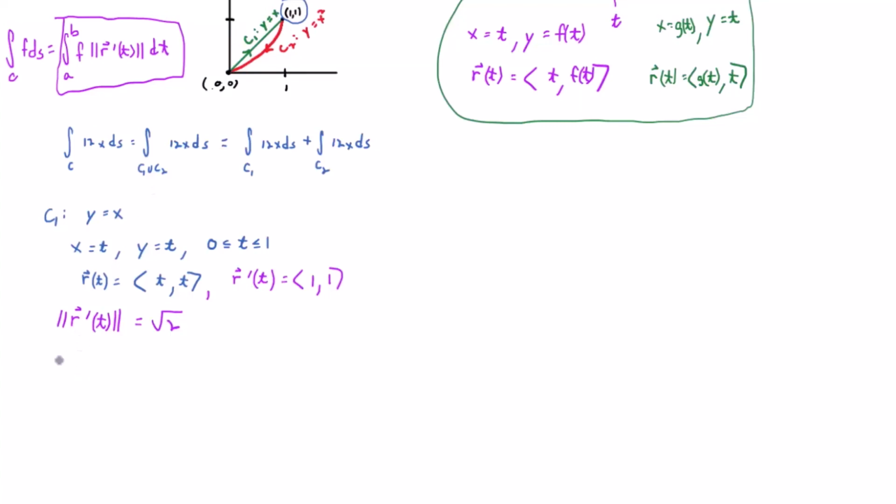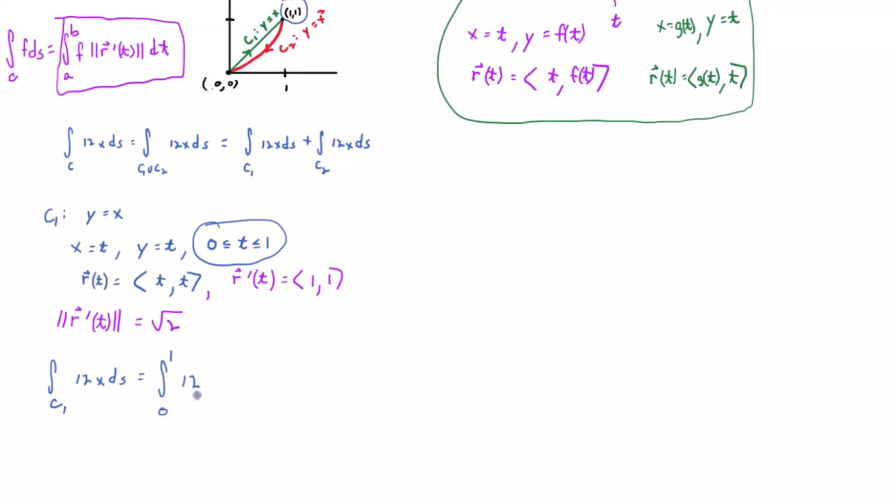All right, so then here's how I would notate it. Let's use the generic notation, the integral over c1 of 12x ds. The actual calculation formula then is the integral from, what are the limits of integration? 0 to 1. 12, okay, what's x?